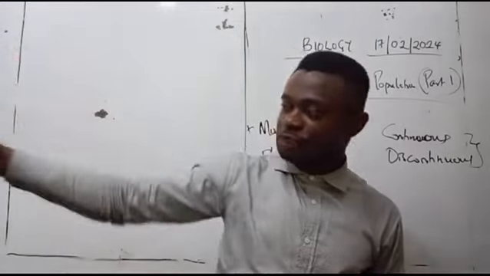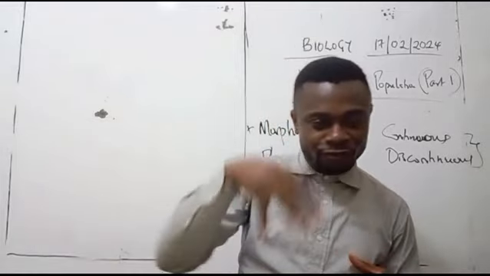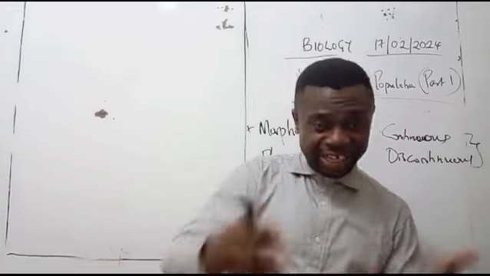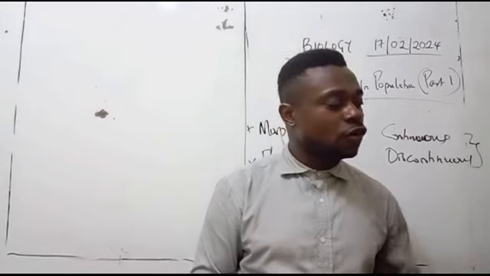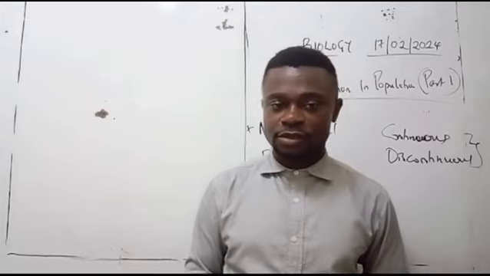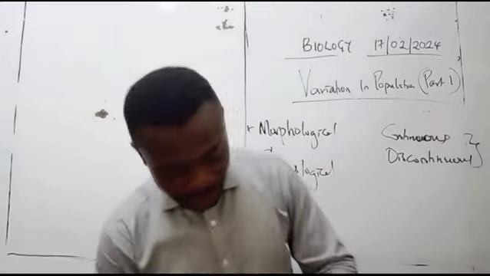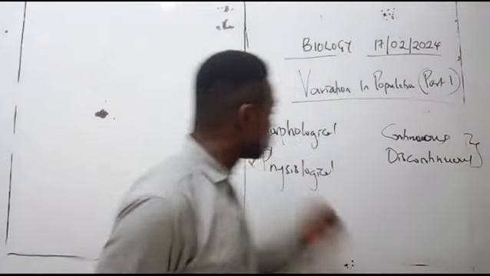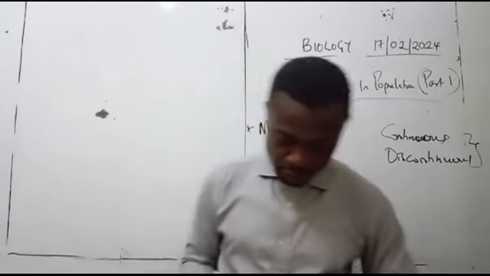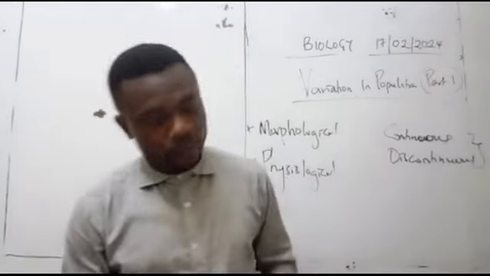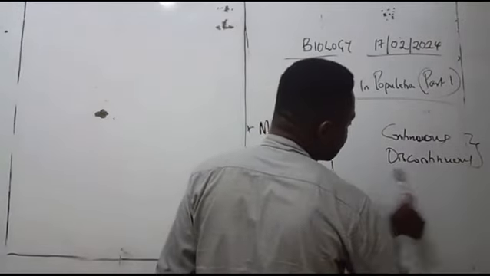So a gene from one parent will combine with a gene from the other parent, and it will bring a lot of variation. You also have what we call mutation. Mutation in the gene and chromosome can also lead to variation. Now let's continue. So let's go back to morphological and physiological variation. Before we do that, I wrote out continuous and discontinuous.